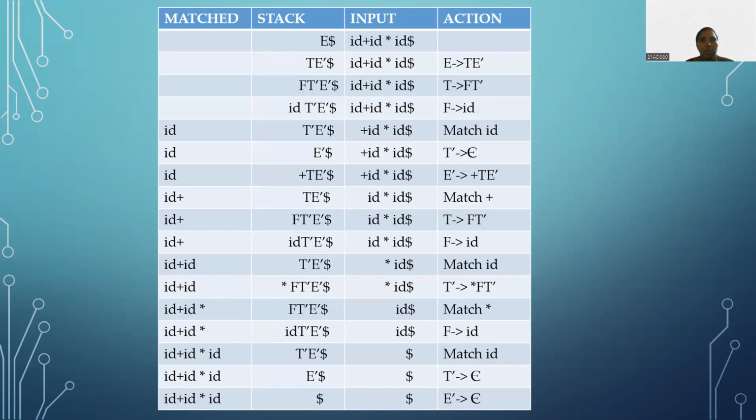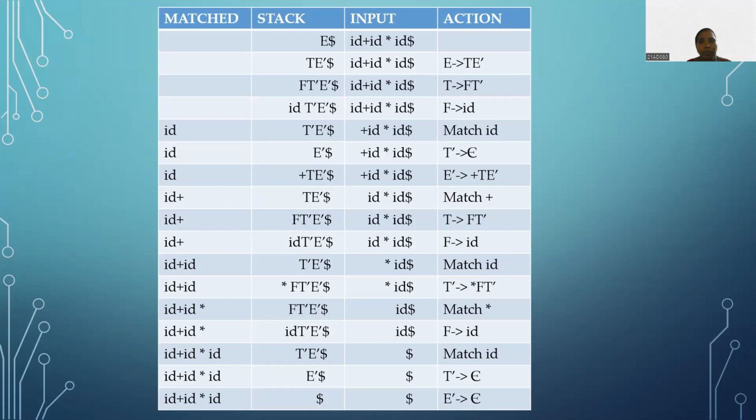You check whether it is matched or not. Your input string is ID plus ID into ID dollar. We put dollar at the end, and inside the stack I push dollar, then the starting symbol E. Now E for ID, what is that? It is TE dash. So I push TE dash.